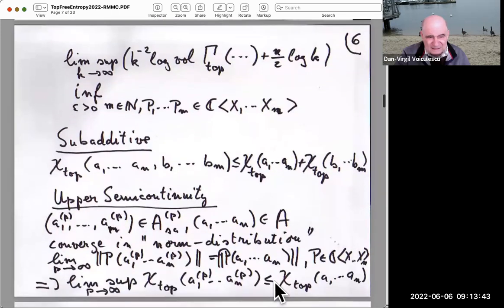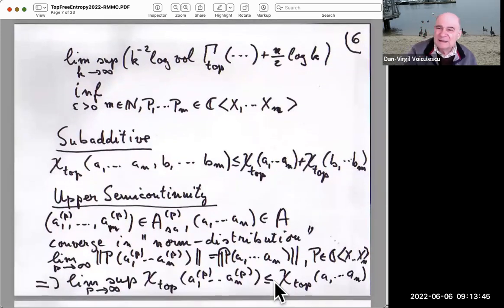Then there is another property, semi-continuity. There is such a property also for the usual entropy, and there, if you have n-tuples whose distributions converge in the sense of moments, then you have a limsup inequality for the entropies.